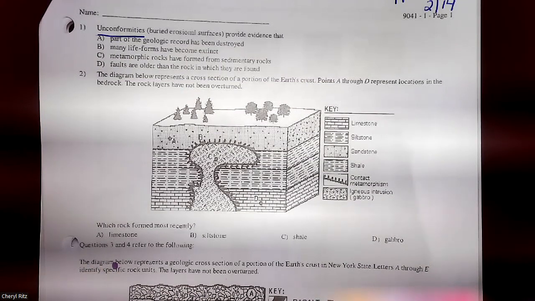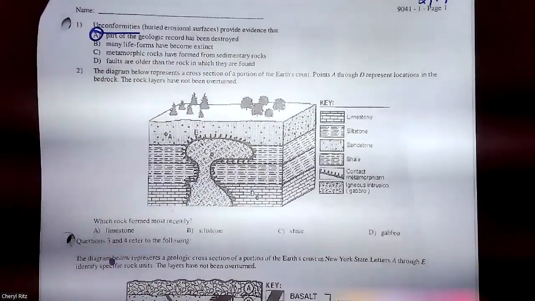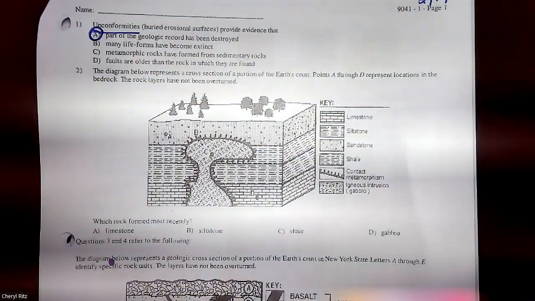So an unconformity, a buried erosional surface, provides evidence that... Now that we've learned what an unconformity is, what's the answer here? Yeah, it is answer 1, that a part of geological history has been destroyed. Yeah, sorry about that. I don't understand why I didn't do that first.